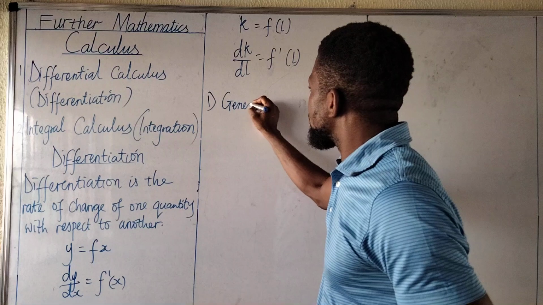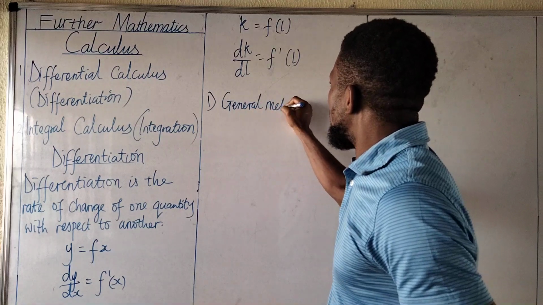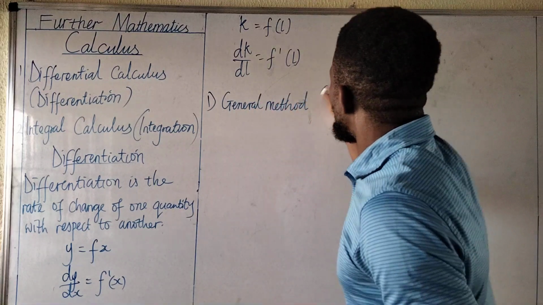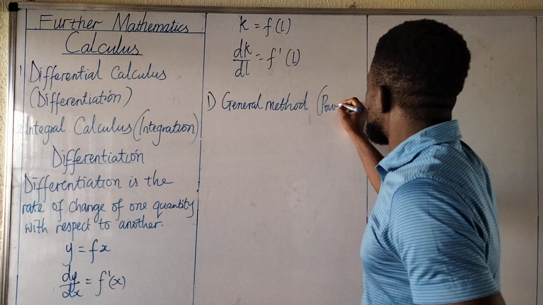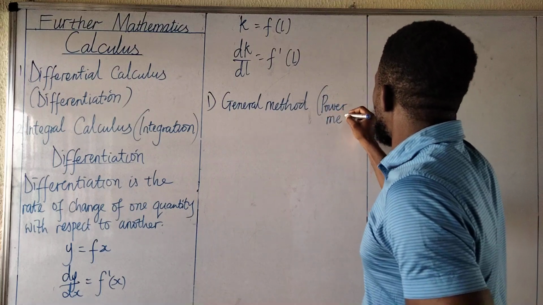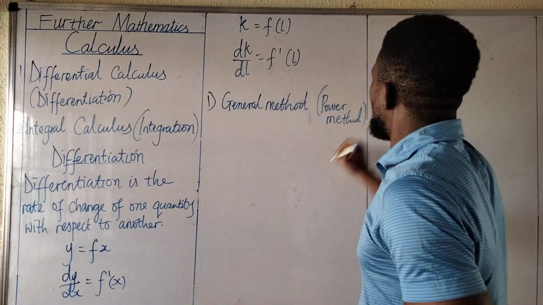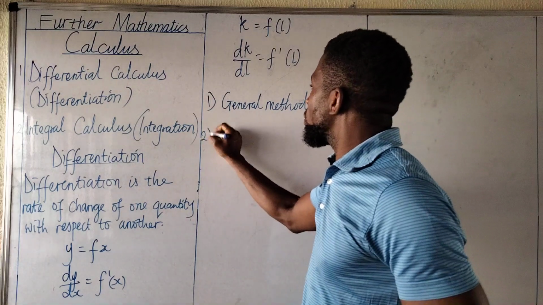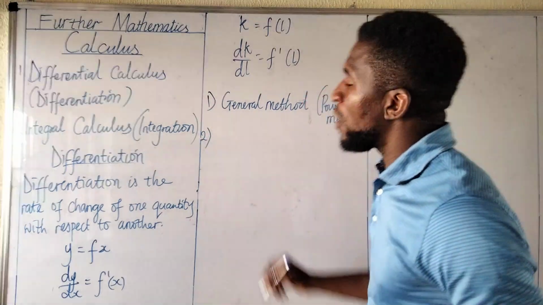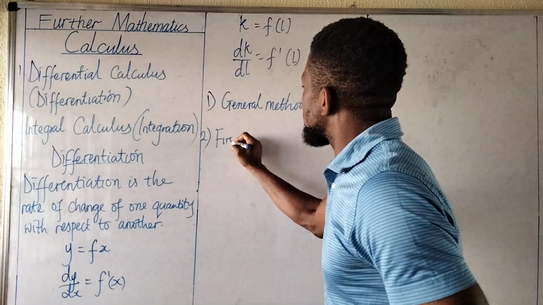1. General method, otherwise known as power method. Okay? Number 2 is the one we call the first principle method.